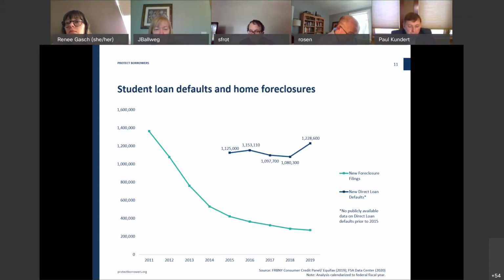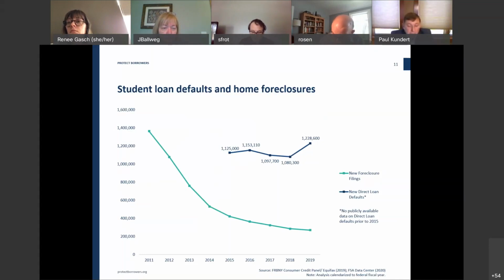We actually saw quite a significant uptick just last year to now 1.2 million borrowers who defaulted. So if you do the math, it means that every 26 seconds of every single day, another borrower defaulted on their loans. And again, all of this data is before we found out that tens of millions of Americans lost their jobs.